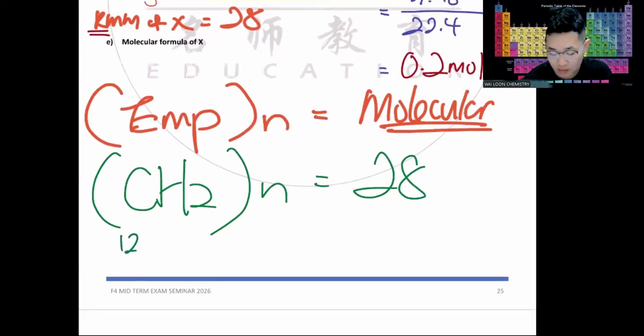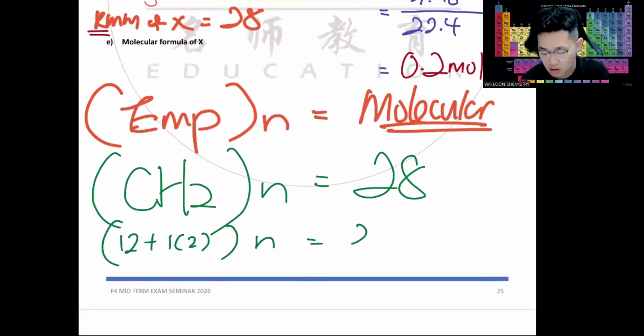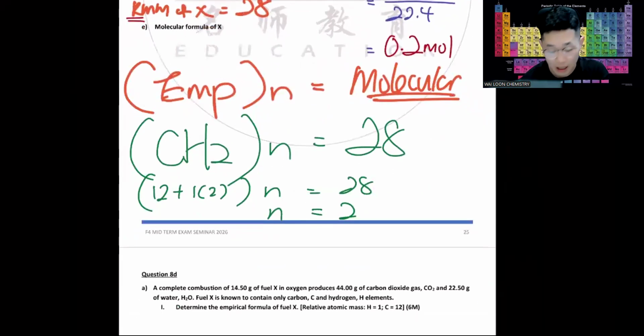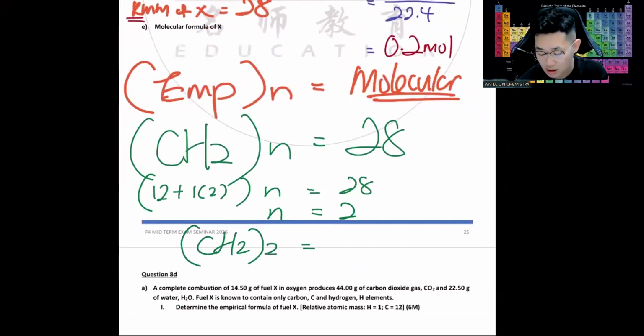12 plus 1 times 2. N equals to 2. So times it in. If you times 2, you're going to get C2H4.